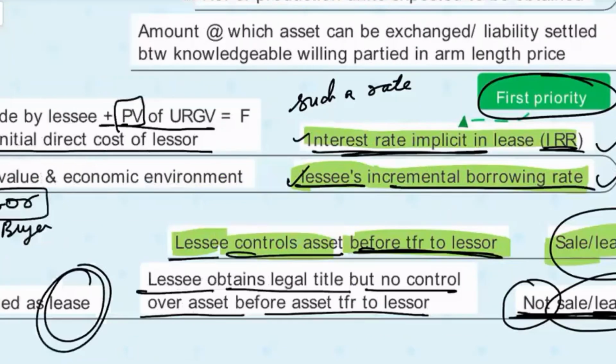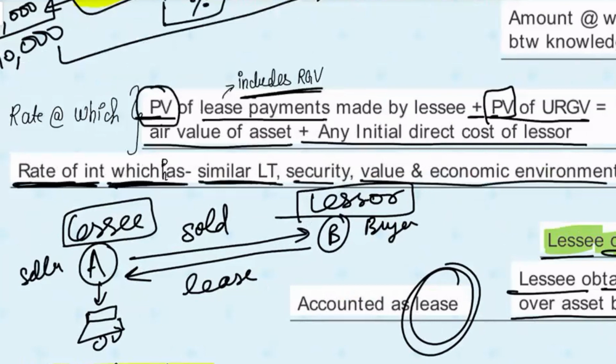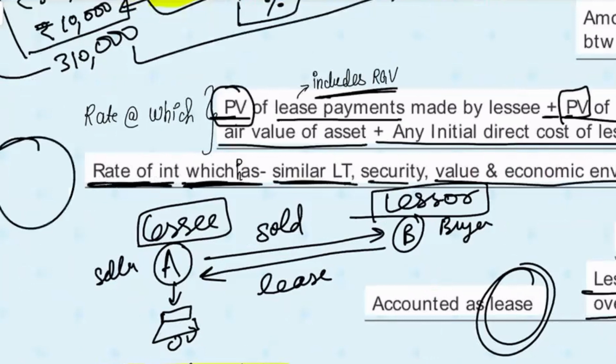So, lessee's incremental borrowing rate means it is a rate of interest for a similar lease term, security, value, and economic environment. If there is another person living in this world who has given a similar kind of lease, at the same lease term, the same kind of security, the same value, and the same economic environment, someone in the same universe who has given it on the same conditions as we have, the rate which they are using, you can also use that rate and discount.